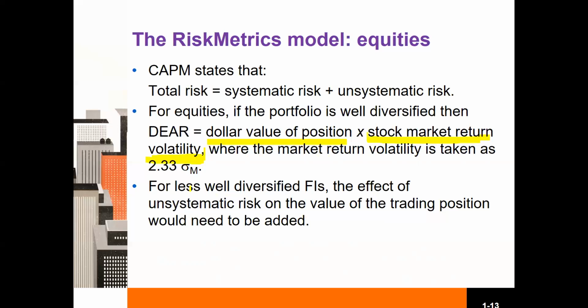And that volatility will be 2.33, which, you can remember, is the 2.33 standard deviation that captures 98% of the observations, multiplied by sigma, the standard deviation, which is the volatility of the market. However, you need to remember that if a portfolio is less diversified, then DR should have another component which should reflect unsystematic risk.